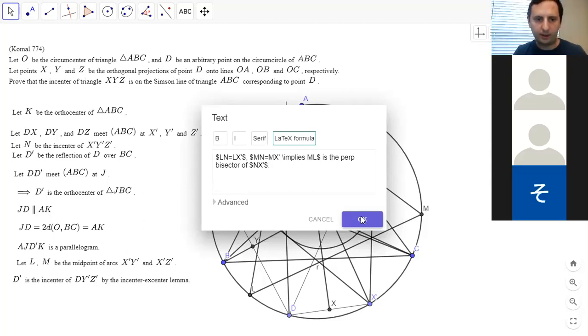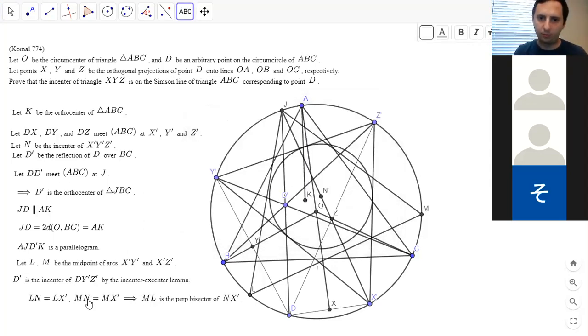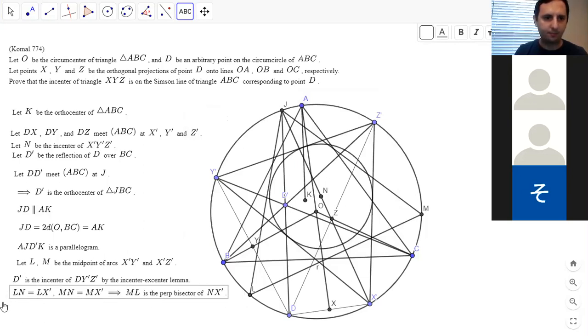And once we know that, then we know that N is the orthocenter of JLM.